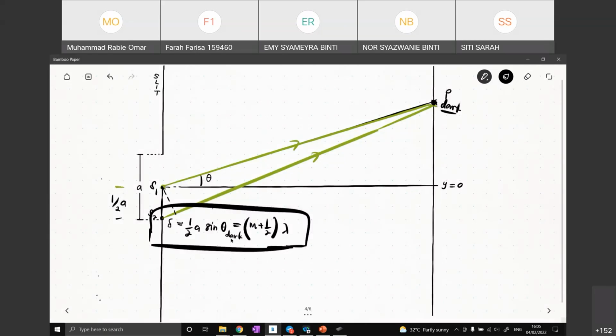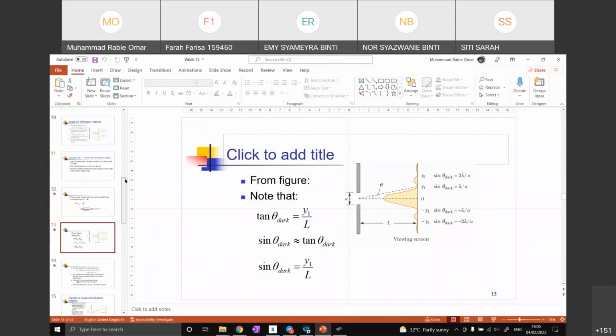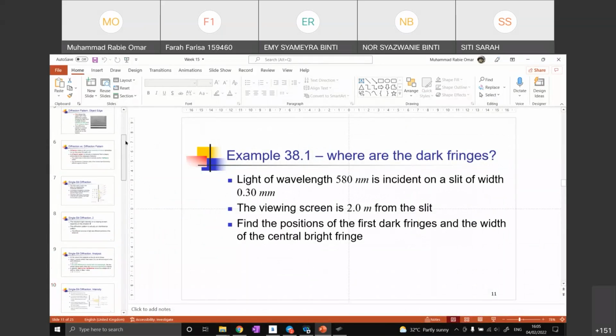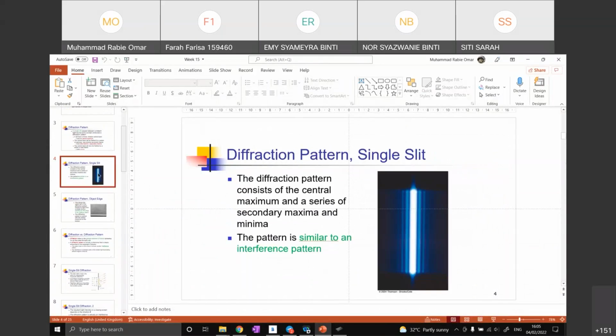You want to know the value of theta here, but you already know the value of A. Then you just substitute the value of A into here, and then you substitute whether you want to know the first order or the zeroth order. So if I go back to my slide here, this is the interference, this is the diffraction slit.